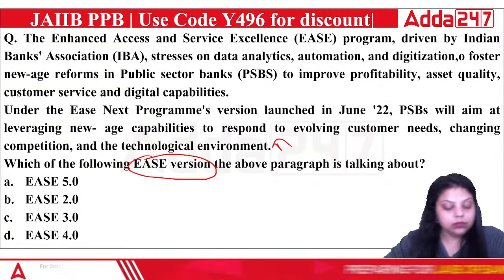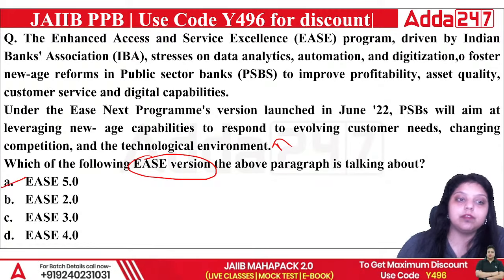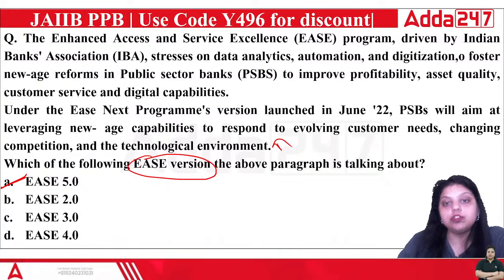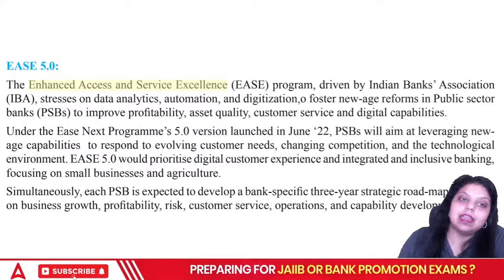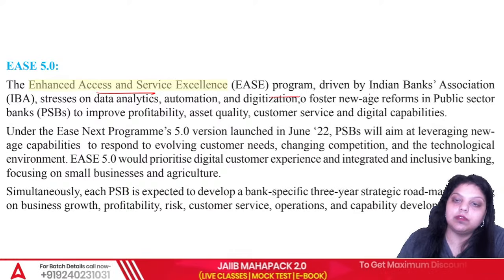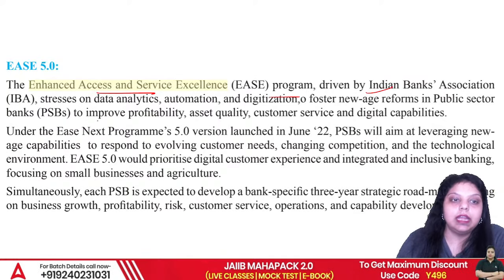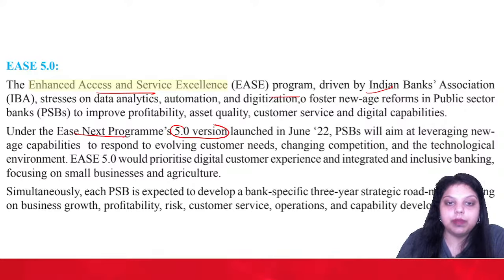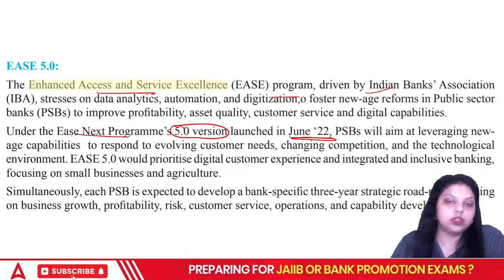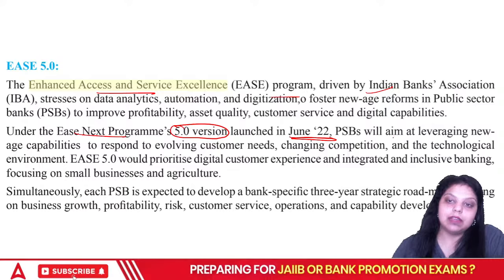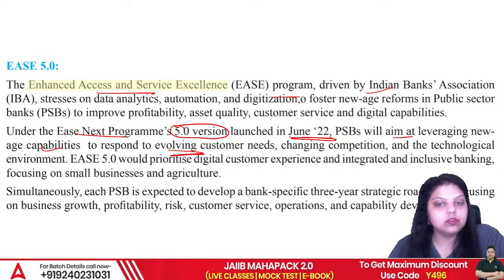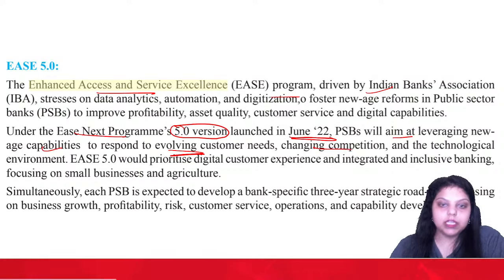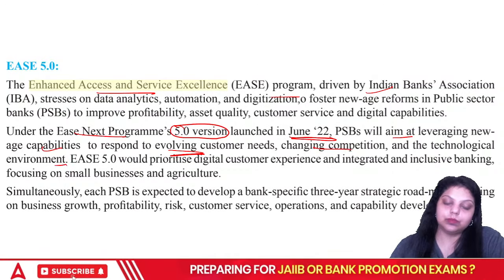Okay. Very good. It's EASE Reform 5.0, which was introduced in June 2022. Okay, the right answer is A. So you can see the Enhanced Access Service Excellence program driven by the Indian Banks' Association, and the EASE Next program is the 5.0 version launched in June 2022, and public sector banks will aim at leveraging new age capabilities to respond to evolving customer needs, changing competition, and the technological environment as well.